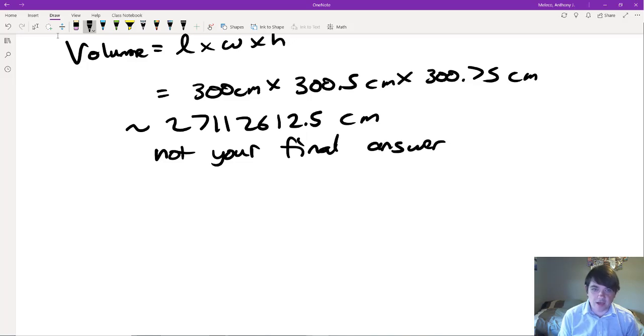And the reason for that is you have this value, 300 centimeters, with 1 significant figure.